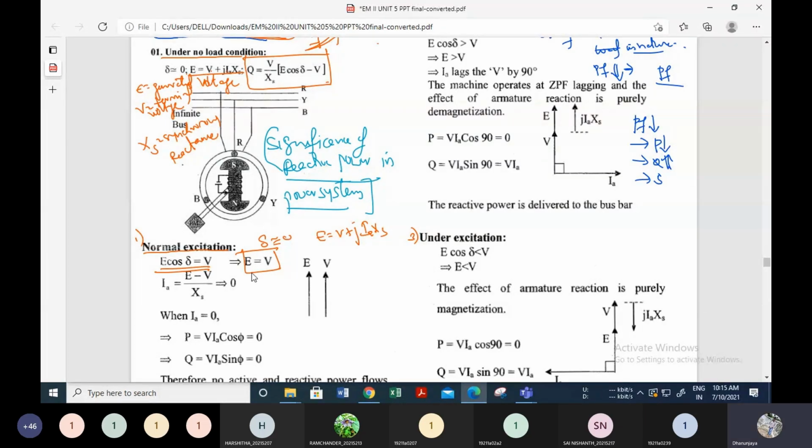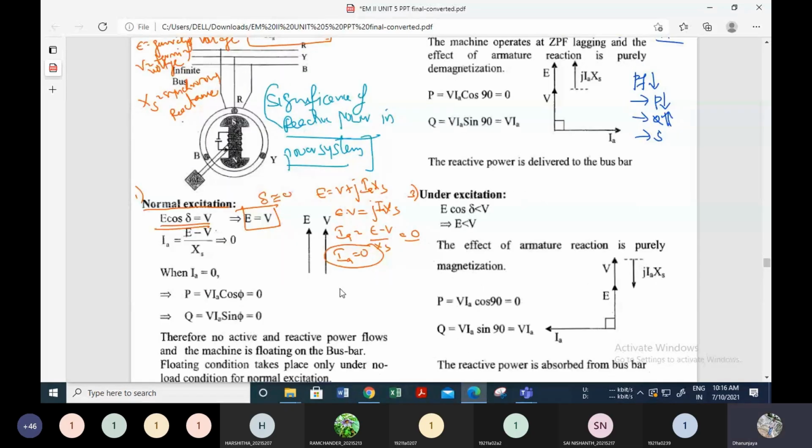So by rewriting this equation, E minus V equal to J into IA Xs, so IA equal to E minus V by Xs. As E equal to V, E minus V equal to 0. So what is the armature current here? 0. Am I correct or wrong?